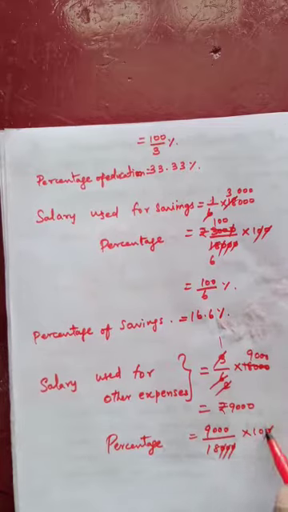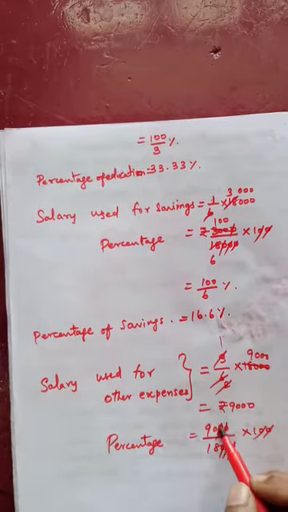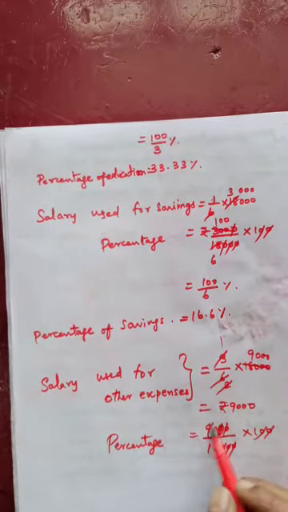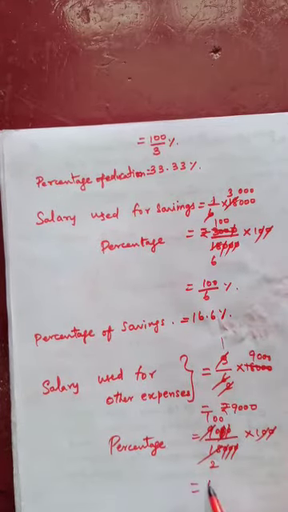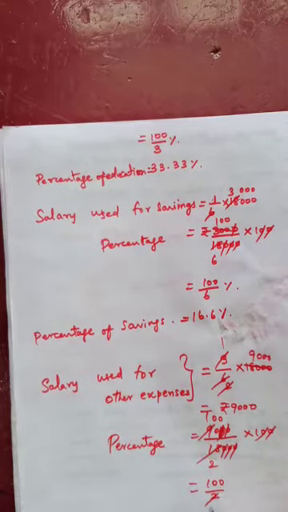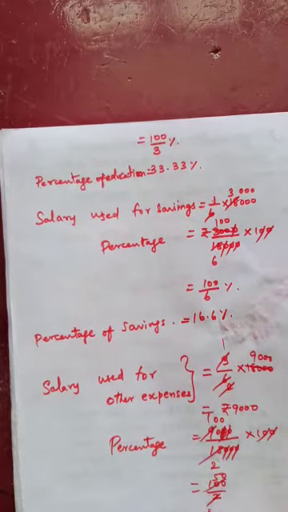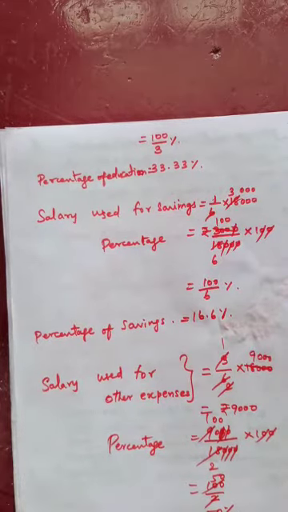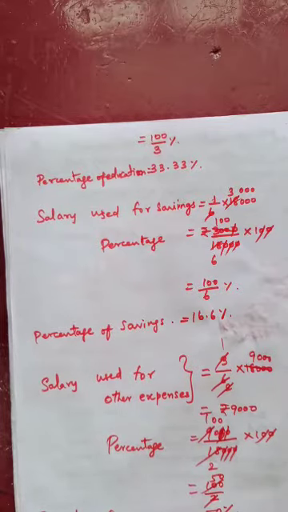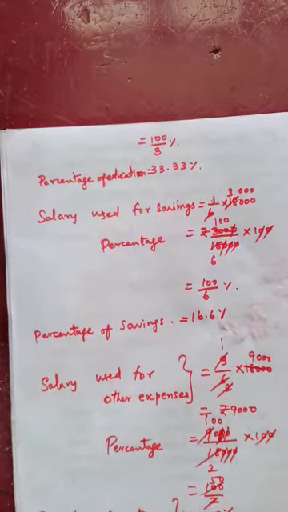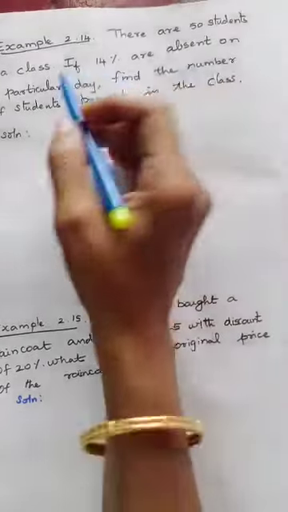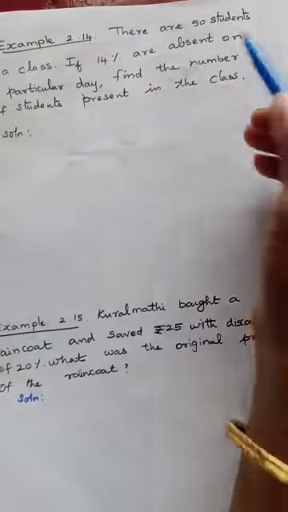Now we cancel 3 zeros, sorry, 1 0, 900. Now 9 ones are 9, 9 twos are 18. So 100 by 2, that is 50. So the percentage for other expenses is equal to 50%.